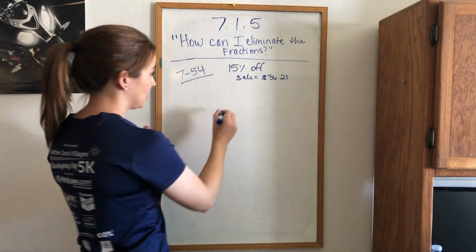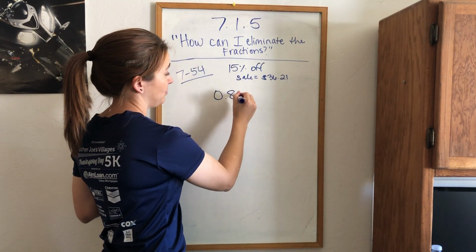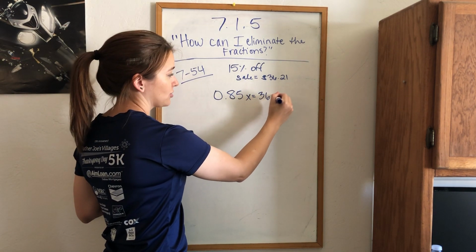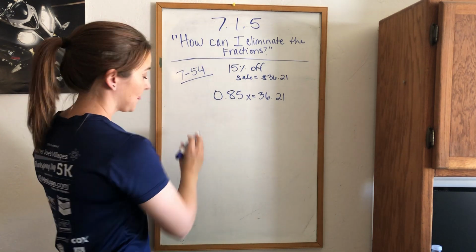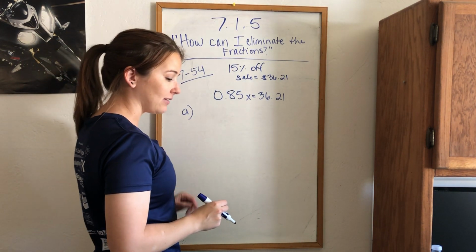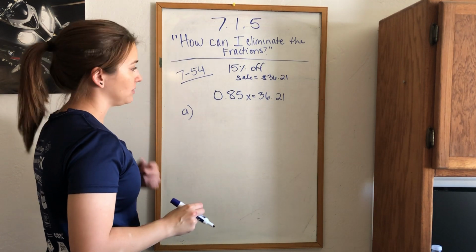So here's the equation that you see in your book: 0.85x equals 36.21. So A says, why did she write 0.85 in her equation?